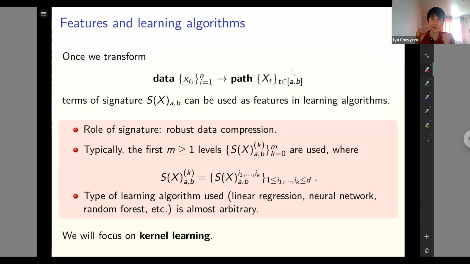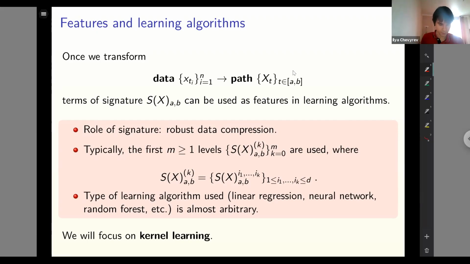It retains a lot of the important features of your path, but in a much more compact way. A large variety of learning algorithms can then be applied once you extract these signature features. Because these signature features are a vector once you take a finite number of them, you can apply any learning algorithm that works with vectors.